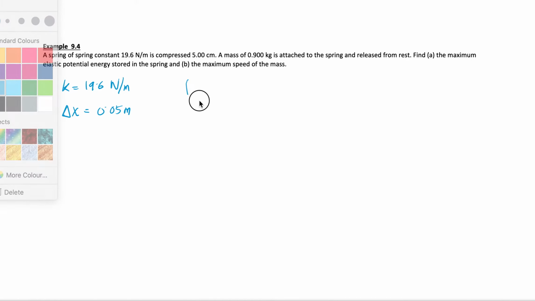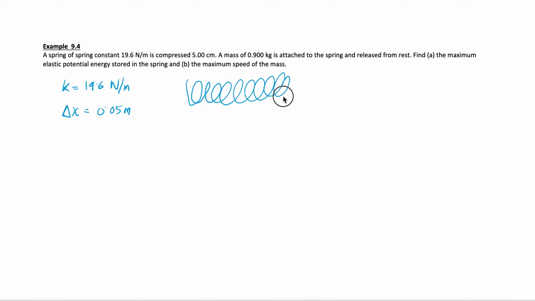So spring. This is my equilibrium point, and this is x equals 0. X equals 0.05. So this becomes delta x equals 0.05.